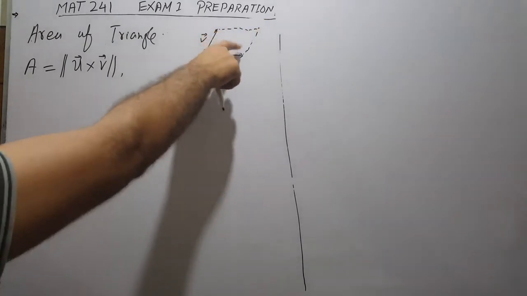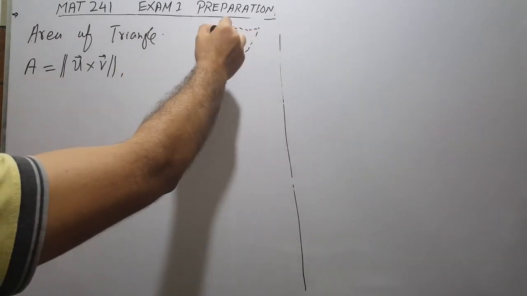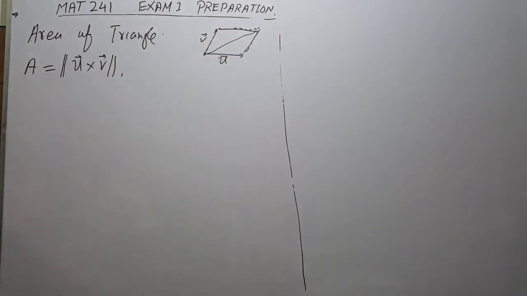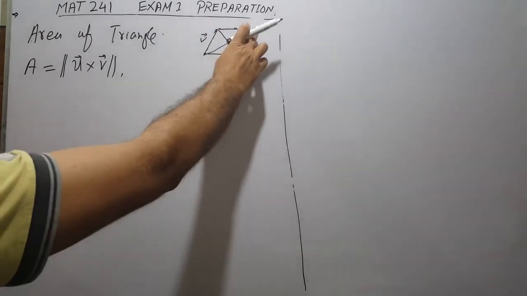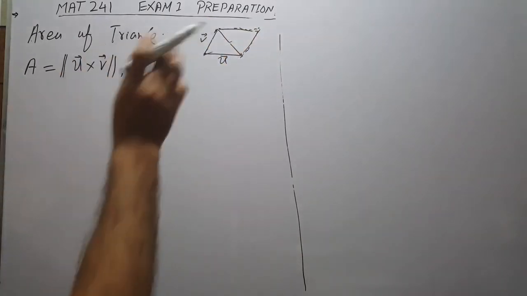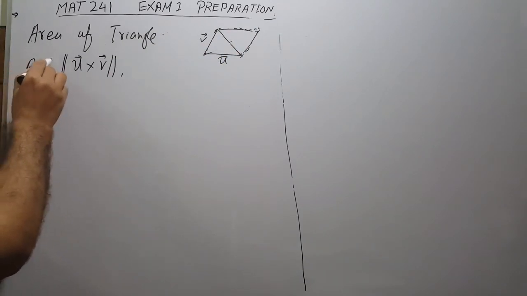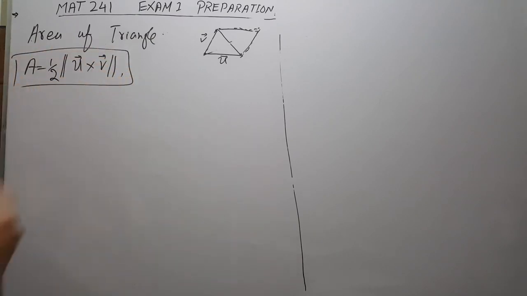You find out the area of the whole parallelogram and divide that by 2. You divide either this way or this way, it's up to you. If I put the area into half, this becomes the area of a triangle. So if you're asked to find out the area of a parallelogram or the area of a triangle, you should be able to solve it with this method.